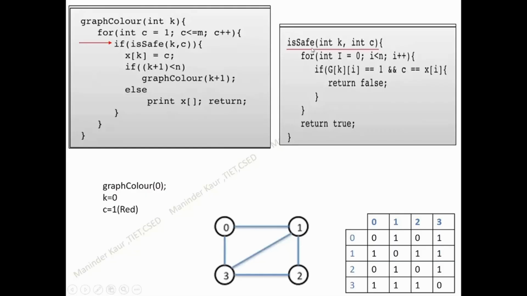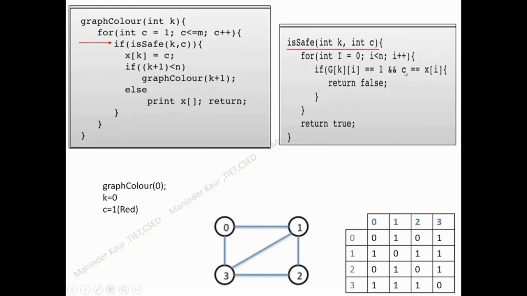Now what this isSafe function does is, for a given vertex, it finds all the adjacent vertices and checks whether the color which we want to assign to this k index vertex is already there for the adjacent vertices or not.